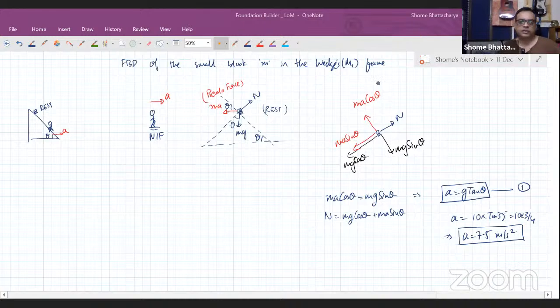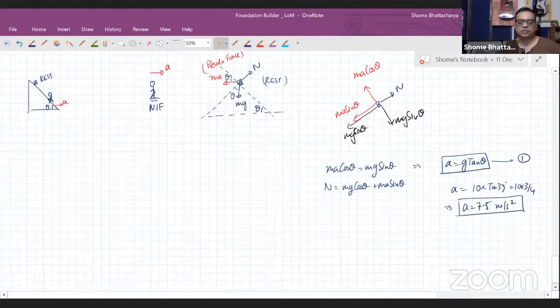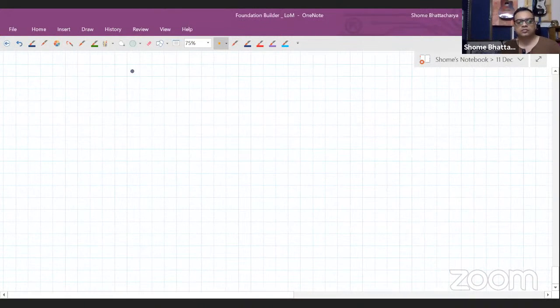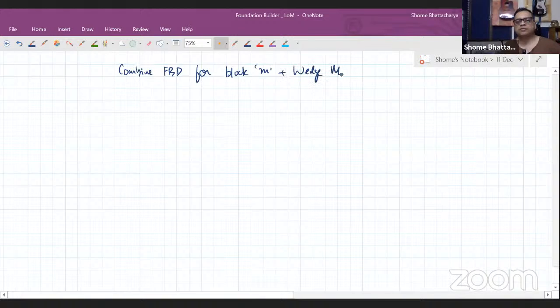Okay, now let me verify the value. Now next thing, what you do is make a combined free body diagram for the block small m plus the wedge M1.